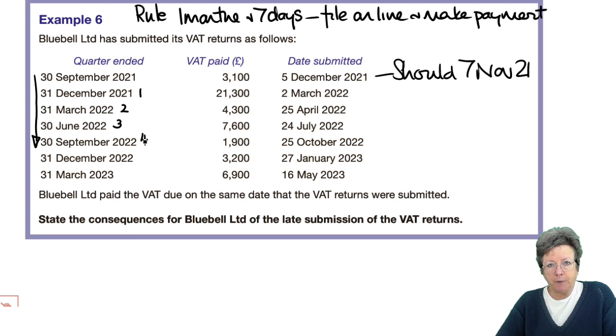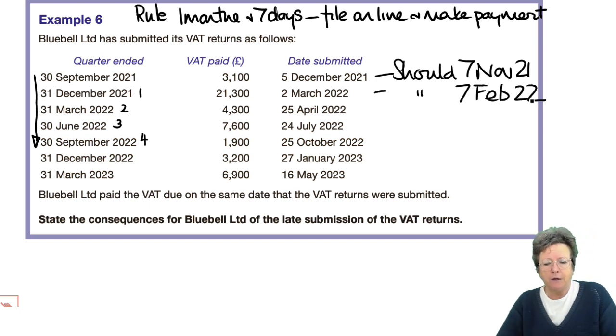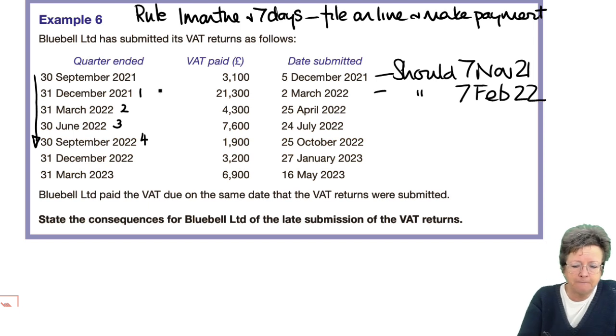The next payment, the next quarter, is the 31st of December. When should it have been paid? Well, it should have been paid by the 7th of February. Come on, people, get your act together. That's late. So the first consequence is the surcharge liability notice is extended.